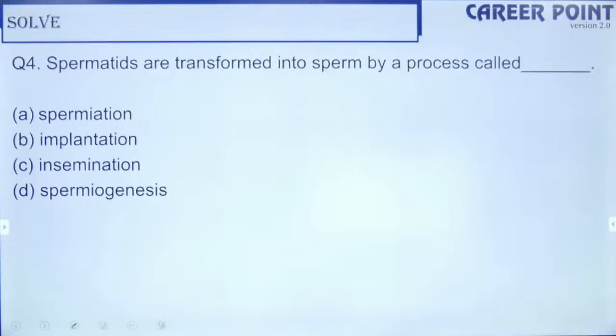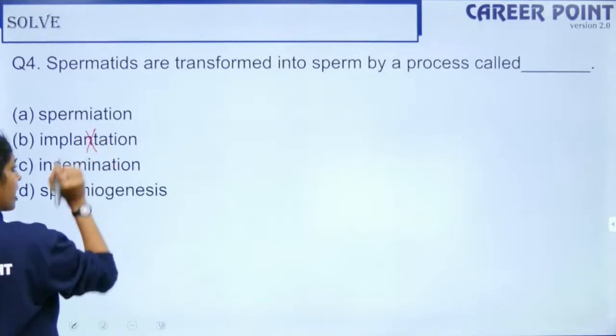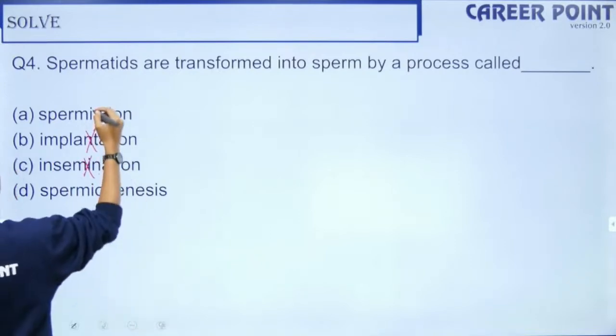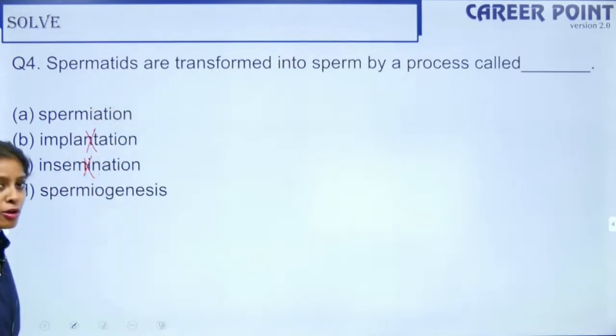Okay, so moving forward, question 4. Spermatids are transformed into sperms by a process known as spermiation, implantation, insemination, spermiogenesis. It is definitely not implantation, it is definitely not insemination. So it has to be between spermiation and spermiogenesis.